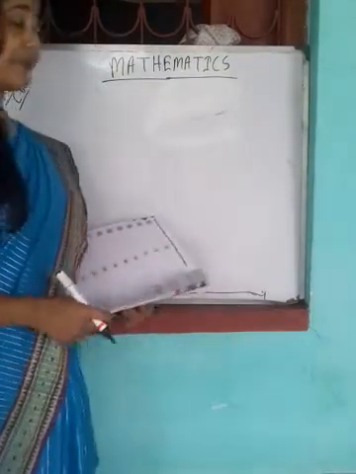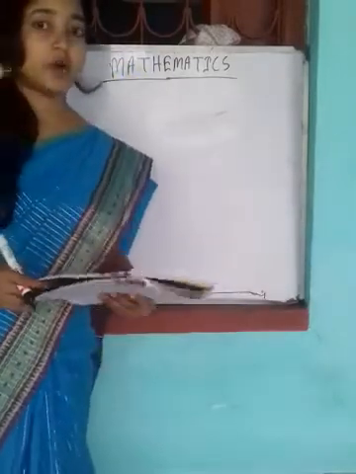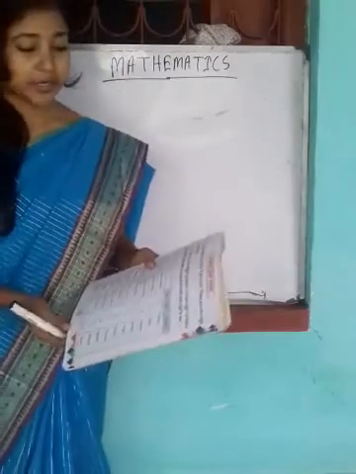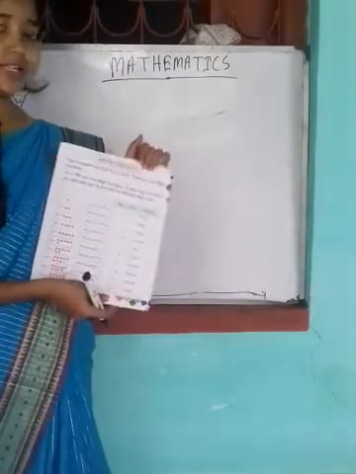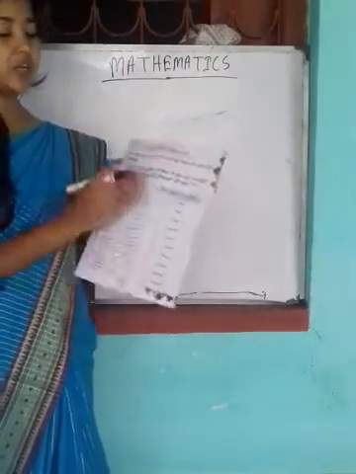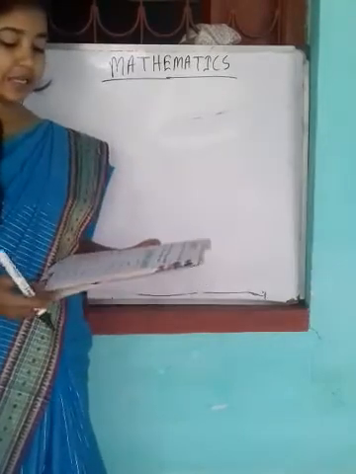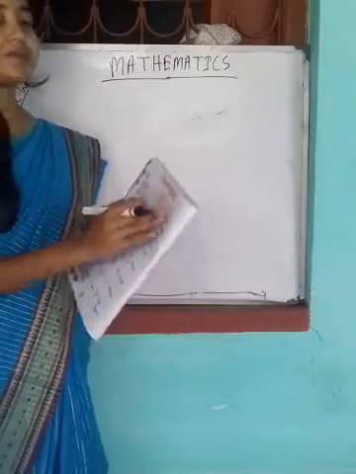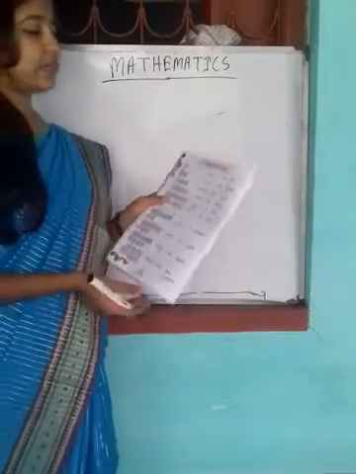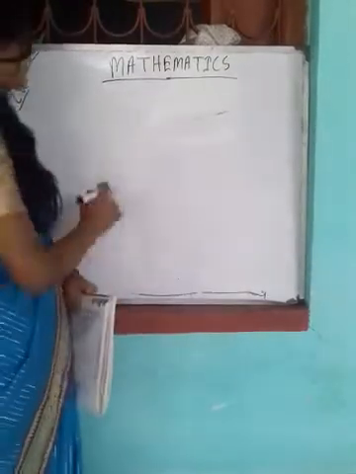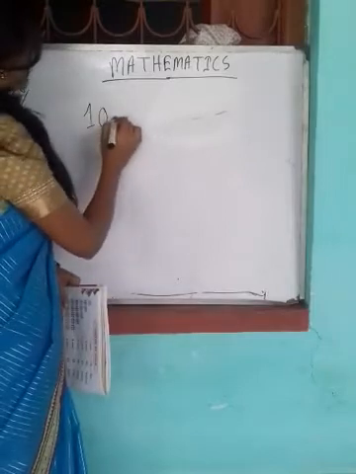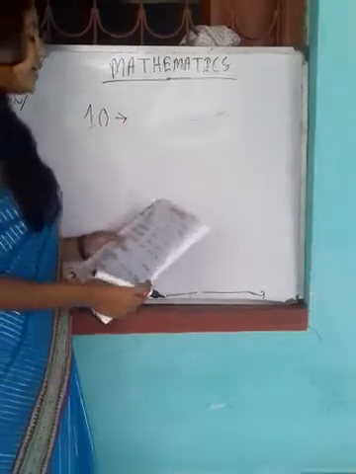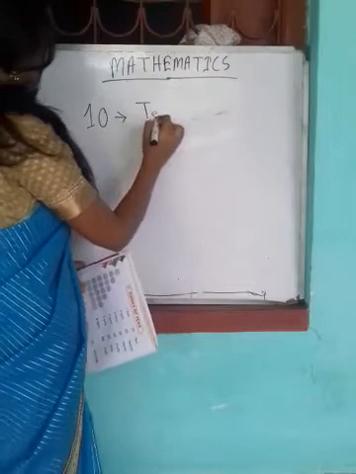Students, it's our mathematics class, your primer book. In our previous classes we learned about units and tens, right? Today we will learn about names of tens. See, in units and tens I said that for 10 we can say it's 10, right?